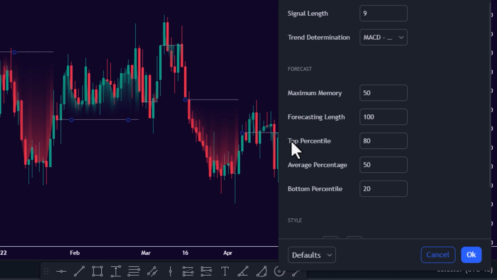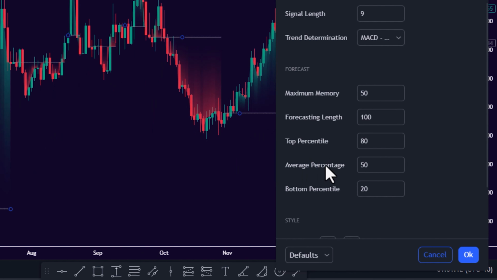Top percentile. Percentile value used to determine the upper bound of the forecasting area. Average percentile. Percentile value used to determine the forecast. Lower percentile. Percentile value used to determine the lower bound of the forecasting area.